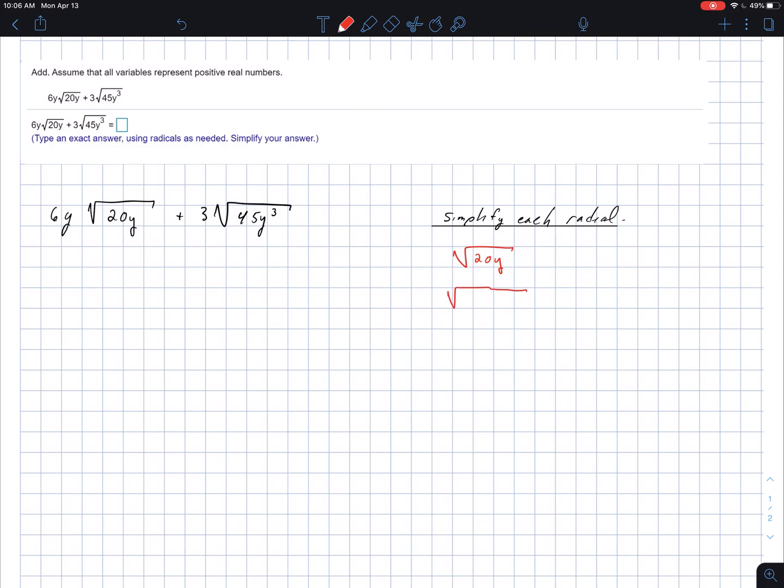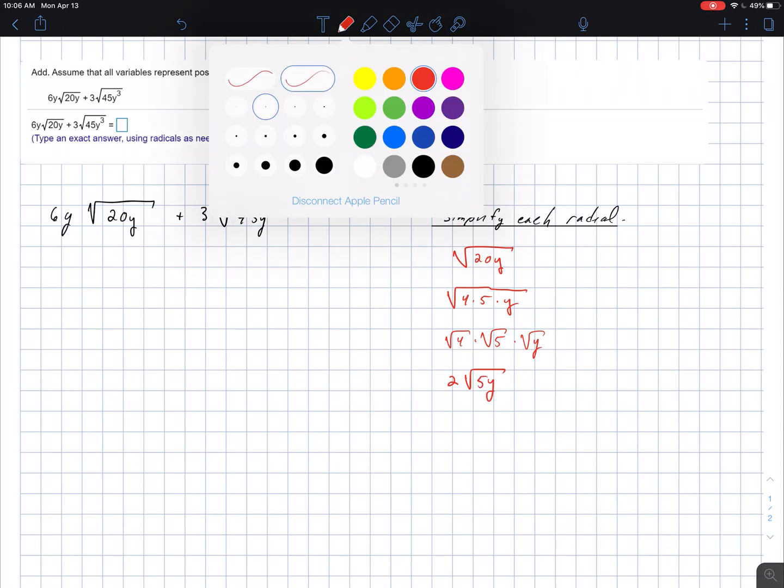That's the square root of 4 times 5 times y. Well, we know that the square root of 4 is nice. We know nothing about the square root of 5 exactly. We know nothing really about the square root of y. So once we do all this simplification, this becomes 2 times the square root of 5y. Now I'll do the other one in purple.